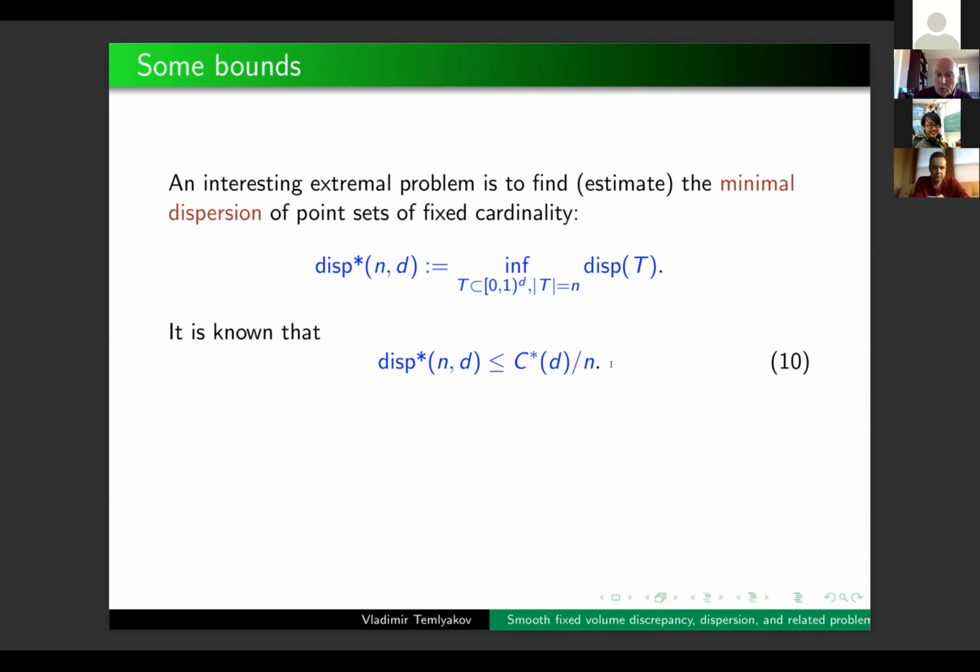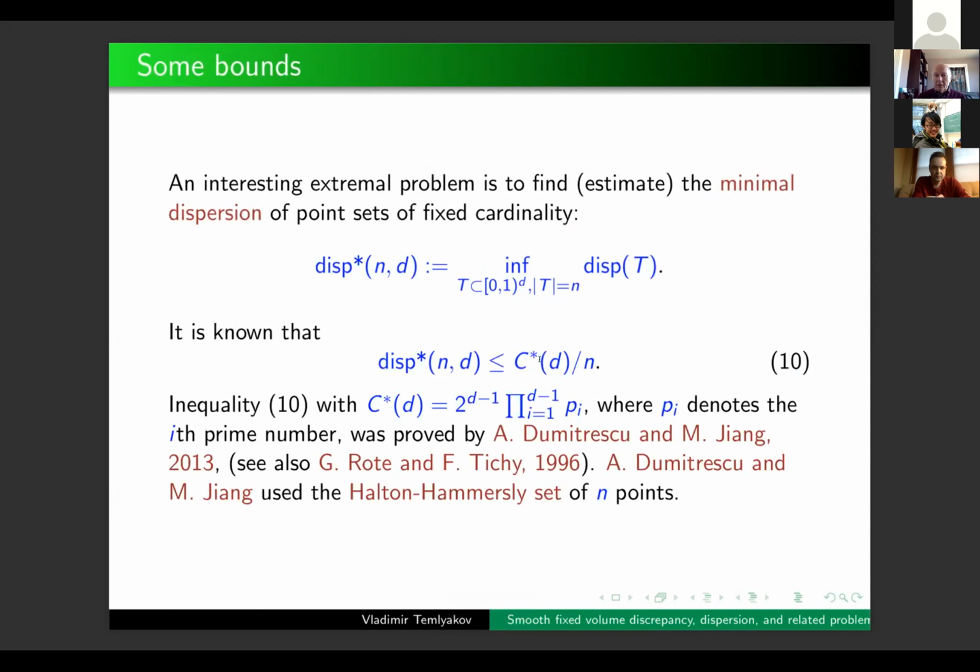Again, in this formula, I do not pay attention to this constant, but clearly people paid attention, and this is a short list of those who worked on that and proved that this C star could be bounded in a good way. But remember that here we have optimal in the sense of decay in n: the quantity 1 over n, the denominator grows like n. This is optimal with respect to n.